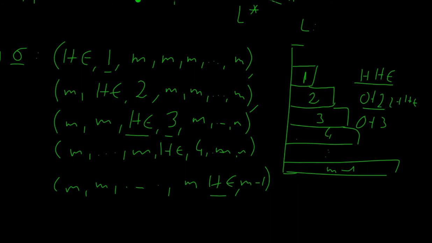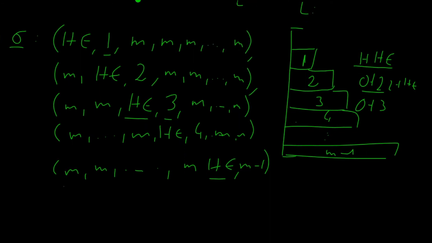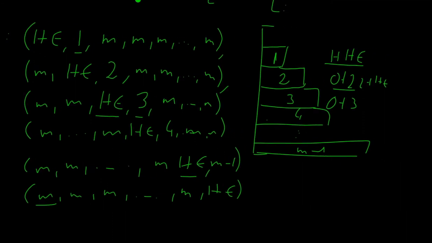Then the last job will have the 1 plus epsilon on the last coordinate, and all the other guys will have a cost of m. Here this m is important to have. The others can be infinite, which will be used here, so it will process on the mth machine. You can just verify that the list algorithm actually produces this schedule, and the cost of this is m.